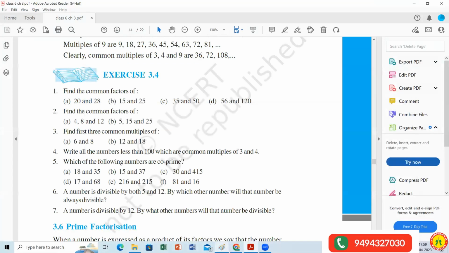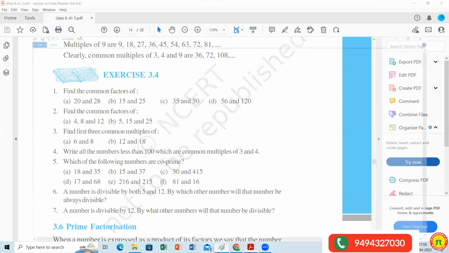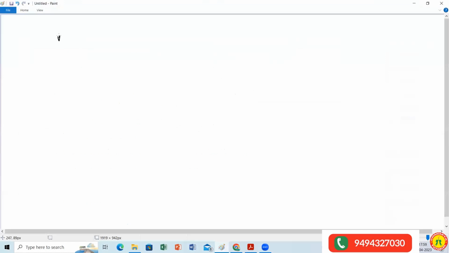Very good. So for 6 and 8, the multiples of 6 are 6, 12, 18, 24.